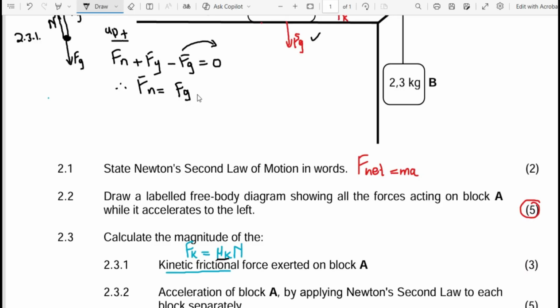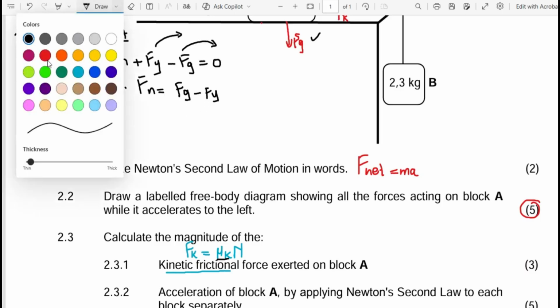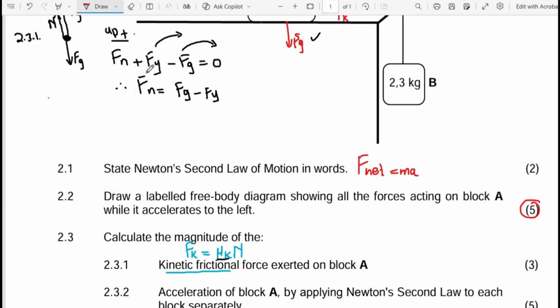This will be Fg minus the Fy, which goes to the other side to be negative, so minus Fy. So now, what is this equal to? Fg, remember, is the mass times the gravitational acceleration. So my normal force is just mg minus Fy, which is F applied times the sine of theta.